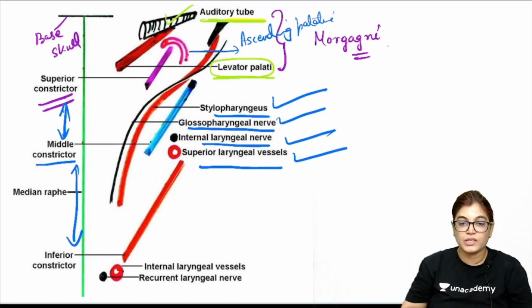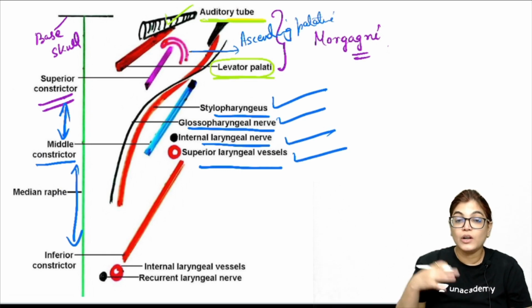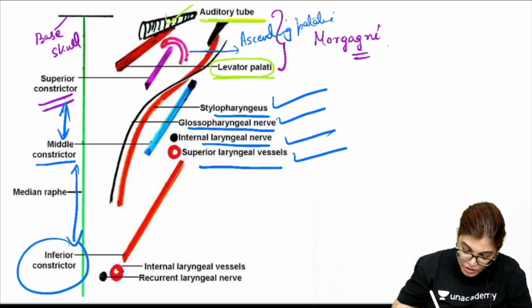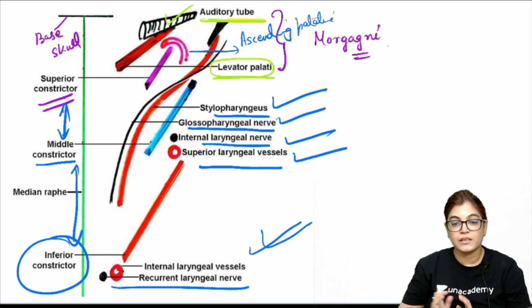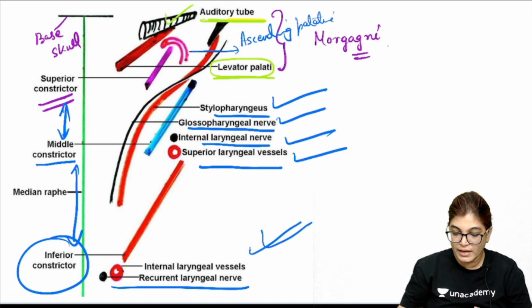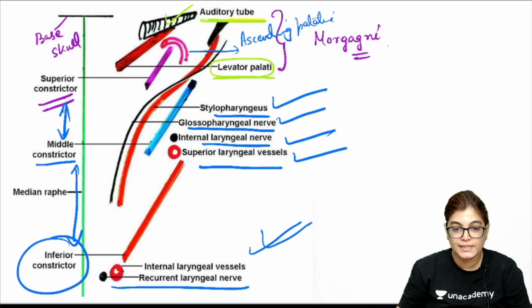The lowermost gap is below the inferior constrictor muscle, and the structures passing are the recurrent laryngeal nerve and the inferior laryngeal vessels, as you can see.